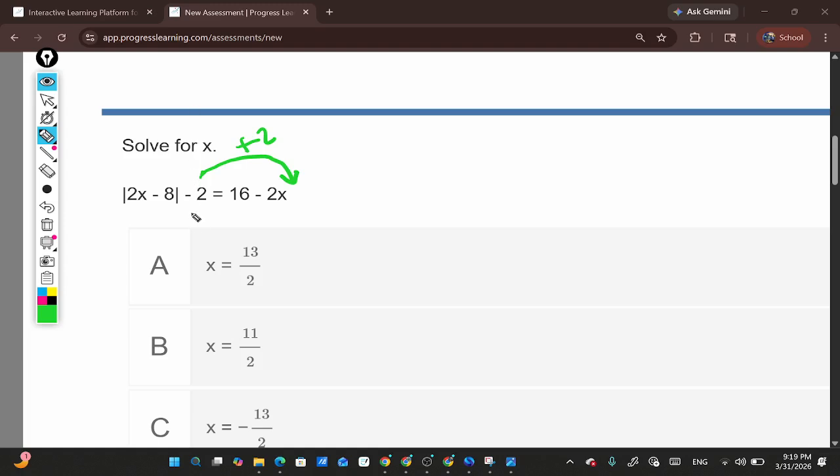Literally, this is adding 2 to this side, and at the same time, we add 2 at the other side. So if I'm writing this arrow like this, the meaning is adding 2 to this side and adding 2 to this side.